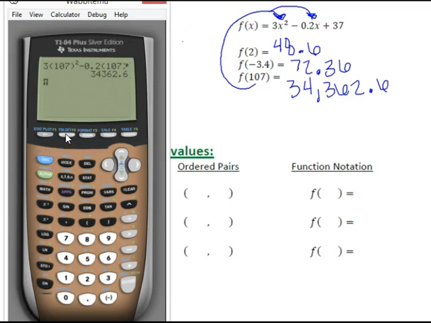Just a little heads up, something to be careful about. Let's say you really liked this whole table ask option, and you went to your table just like we did before with the negative 3.2. Notice again how if you hit 2, you're going to get the same 48.6 as before. But check this out. The moment you hit 107, we get 34,363, but our actual answer was 34,362.6.